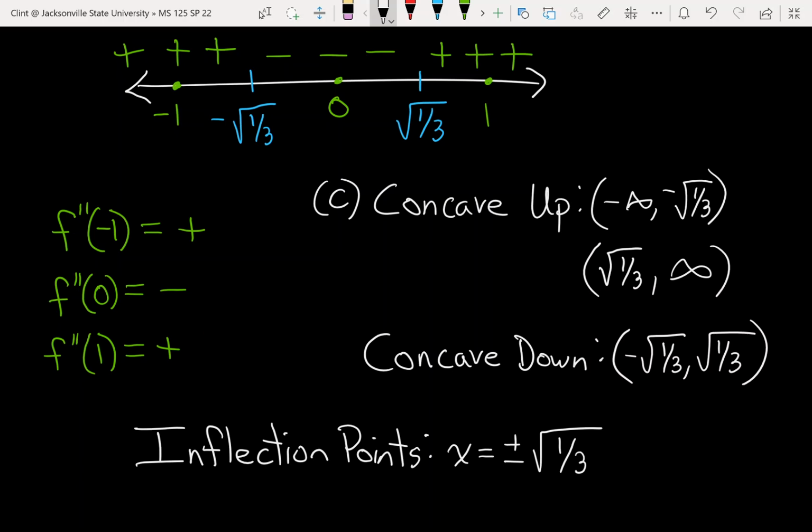If we needed the y values for those, it's a little messier because of that ugly x value. We could do it, but it gets a little messier.